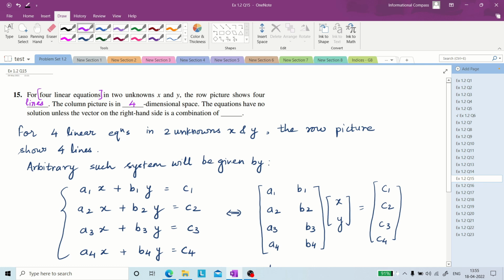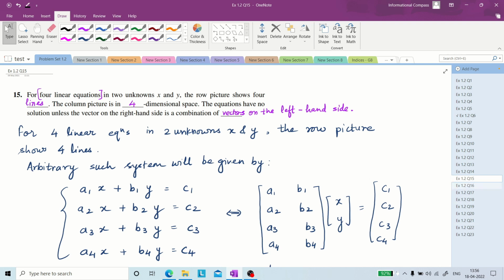The equations have no solution unless the vector on the right hand side is a combination of vectors on the left hand side. I hope I'm clear with question number 15.